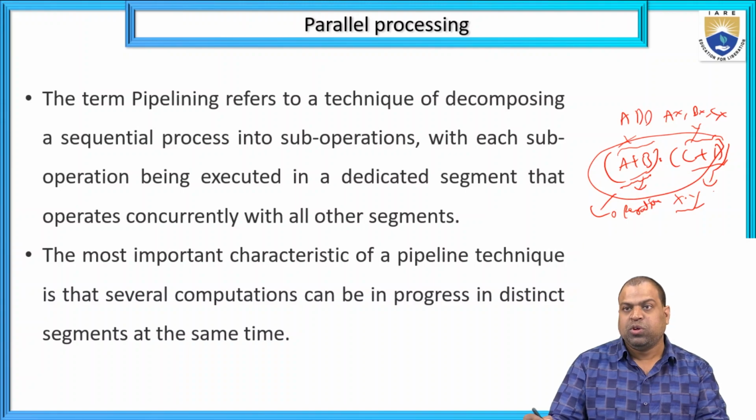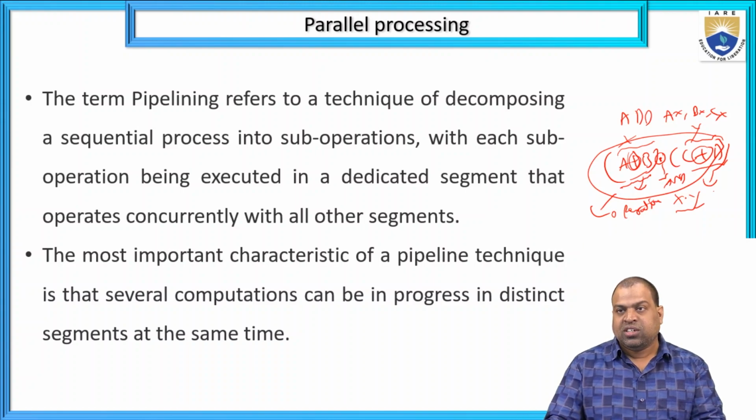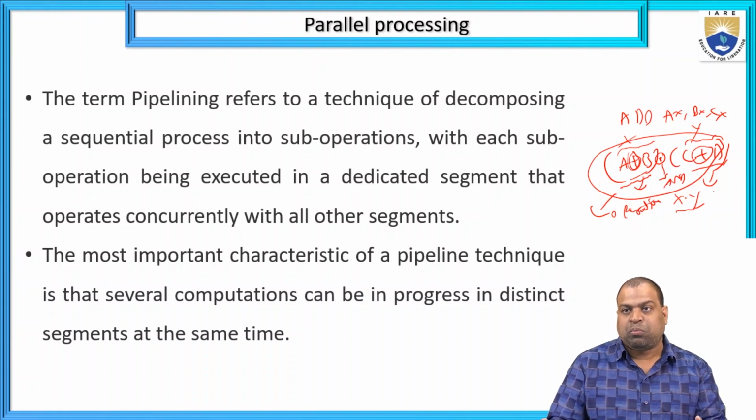Here A plus B is one sub-operation, C plus D is another, and the multiplication of A plus B into C plus D is the third. A plus B is an OR, C plus D is an OR, and the multiplication is an AND. So here we are using three logic gates. How are we planning this? Is parallel possible or only serial?